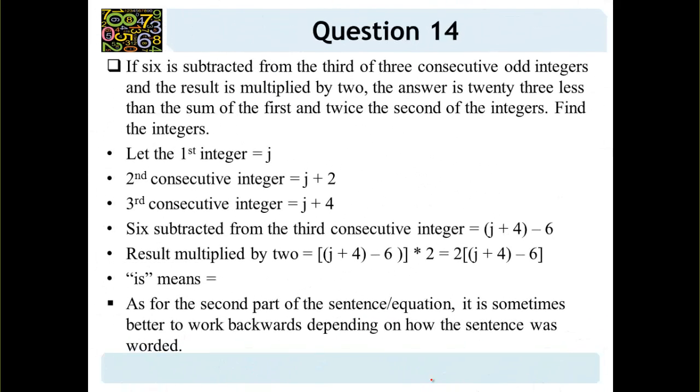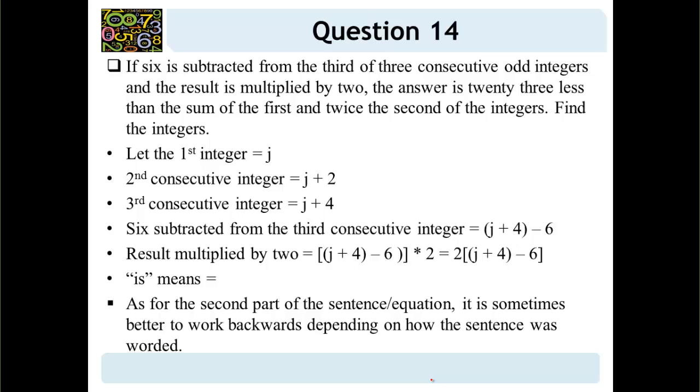Question 14. If 6 is subtracted from the third of 3 consecutive odd integers, and the result is multiplied by 2, the answer is 23 less than the sum of the first and twice the second of the integers.